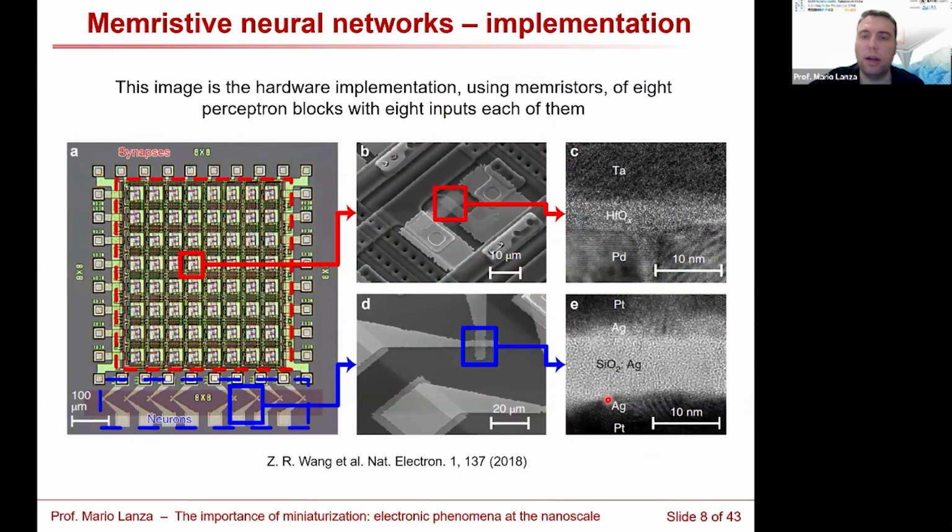Here you can see one example in one article in which the authors fabricated one crossbar array of one transistor, one memristor cells, in which the memristor was made of hafnium oxide with tantalum and palladium electrodes. And this worked well to do this multiplication. It was an 8x8.